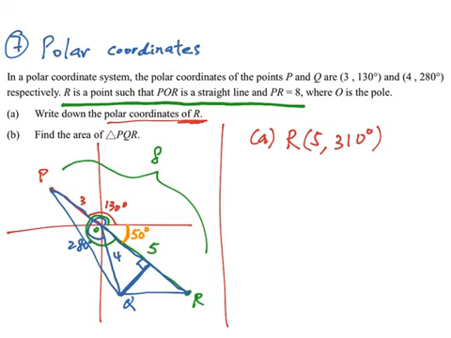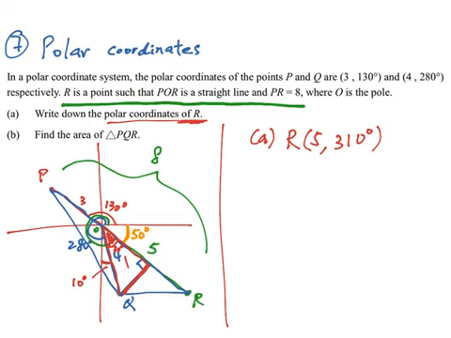We need to consider this triangle. If we know this angle, then we can find the height. So we will use 90 minus this angle, it is 10. 90 minus 10 minus 50, that means it is 30 degrees.